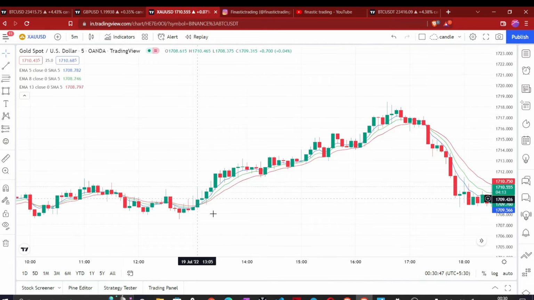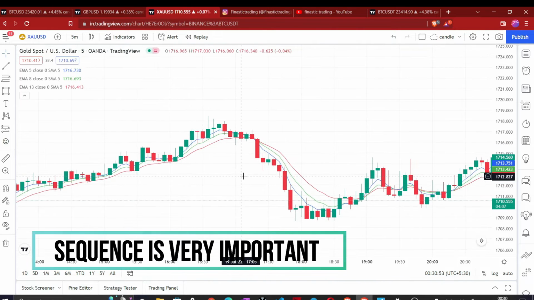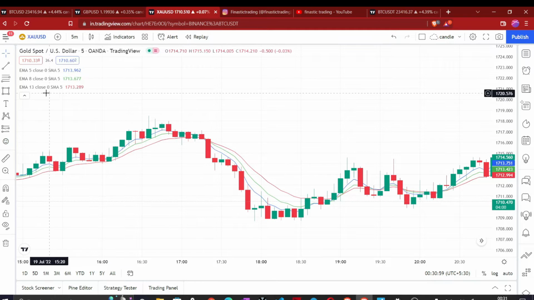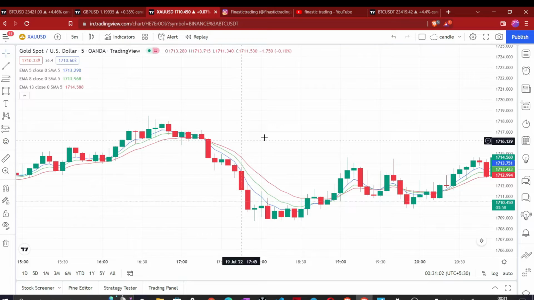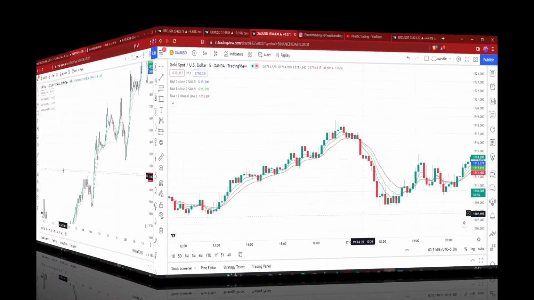So this is what we are looking for to enter the trade for long trades. And for short trades, we are looking for the exact opposite. The blue one, the 5 EMA at the bottom, the green in the middle, and the red, which is 13, at the top. So this is how we are going to use this strategy.